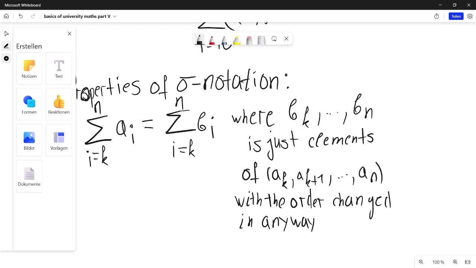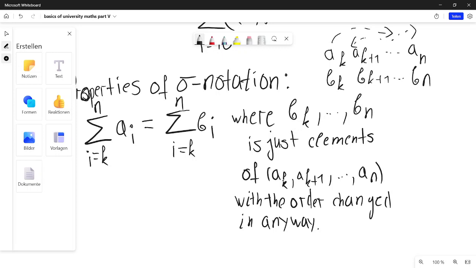That is, I could now say, well, I just rearrange those, like a_{k+1} up to a_n, I rearrange them so that one goes to this place, that goes to this place, and then after rearranging, I give those rearranged elements names b_{k+1}, and so on till b_n.